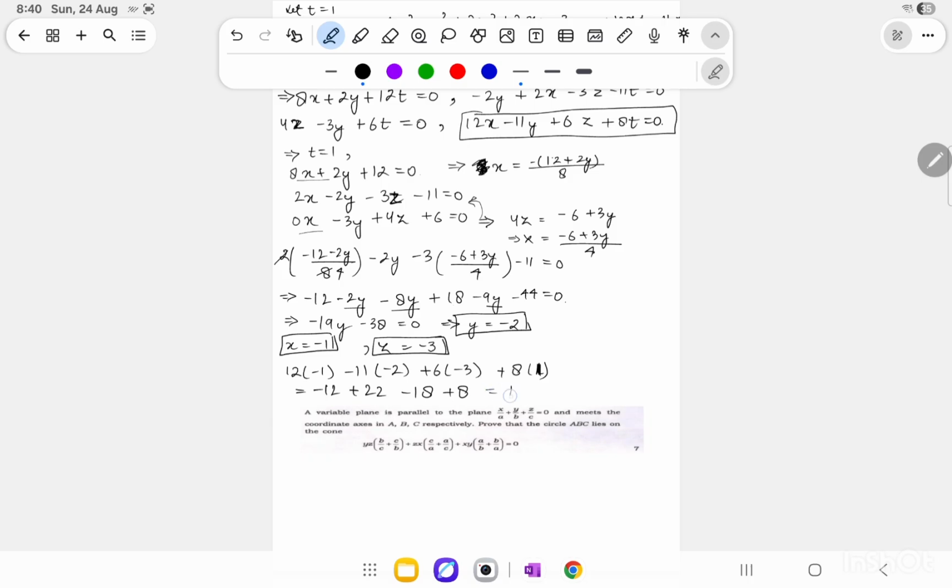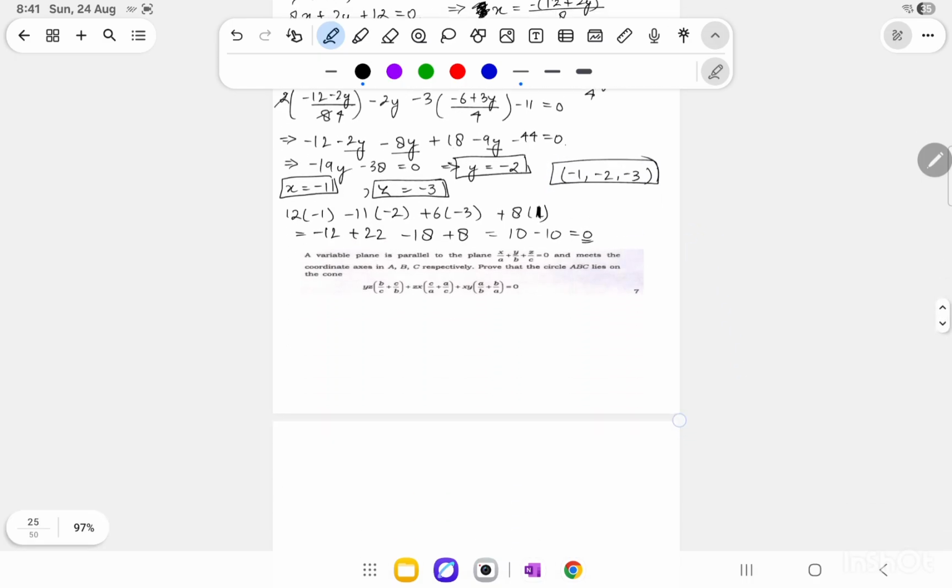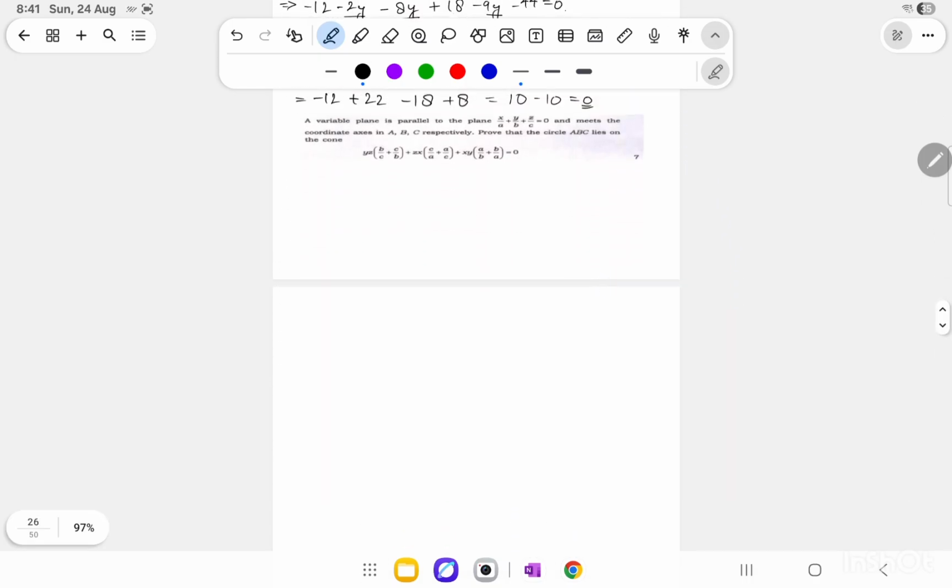Minus 12 plus 22 is 10, and minus 18 plus 8 is minus 10, which equals 0. So the vertex of the cone is (−1, −2, −3). Let us move on to the next question.